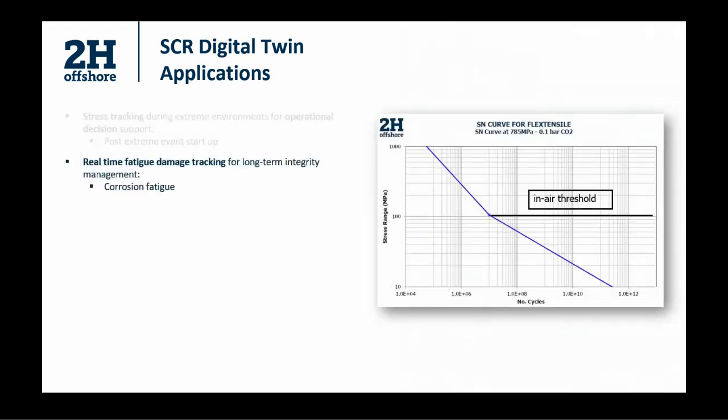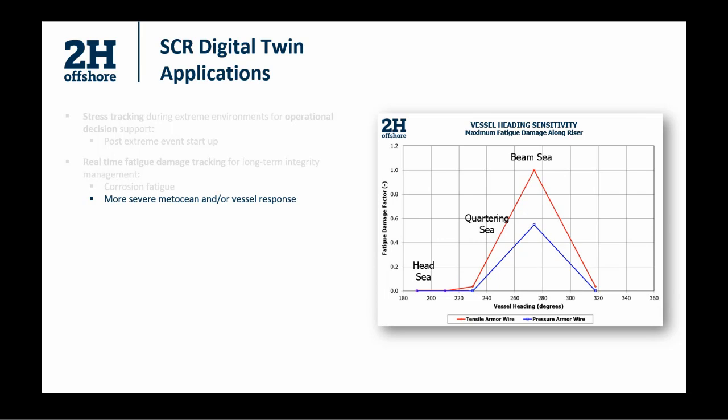This approach can also be used for long-term integrity management, wherein we can use real-time fatigue damage tracking. An example is calculation of corrosion fatigue, or this can be for severe mid-ocean conditions. For example, beam sea load conditions are often more severe than head sea conditions.